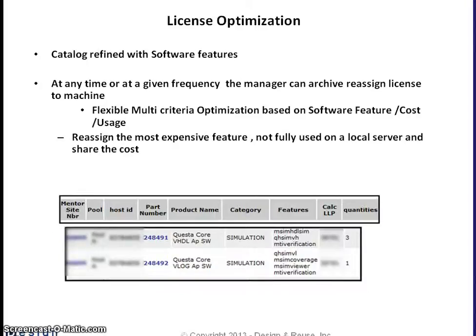The manager was able to reassign the most extensive feature not fully used on the local server and share the cost. And he says without that announcement, he could never do that before. Now we can do it very easily. So this allows to handle intelligent multi-criteria optimization before you have a very comprehensive, well-adapted infrastructure.